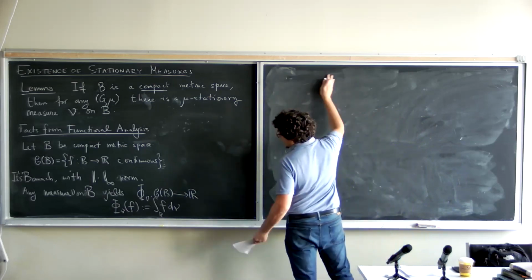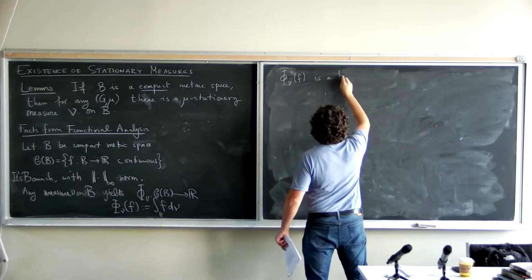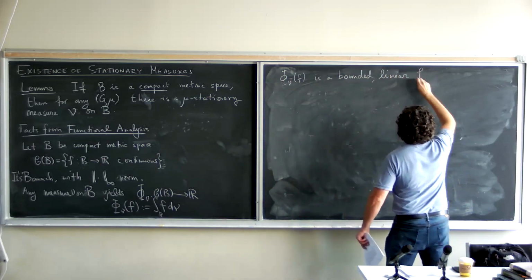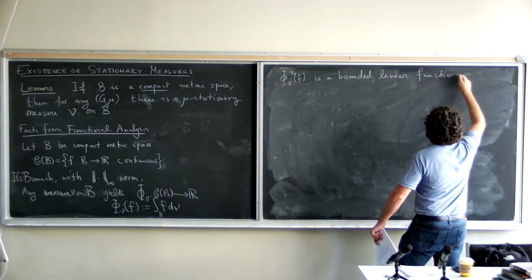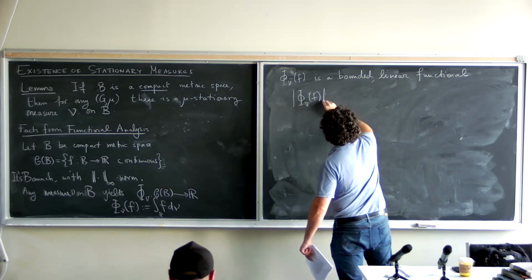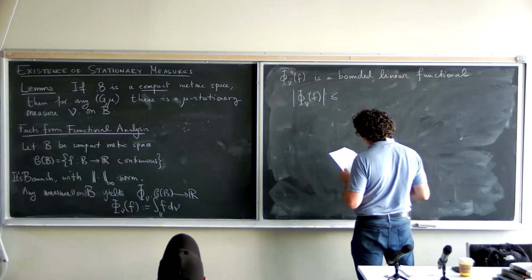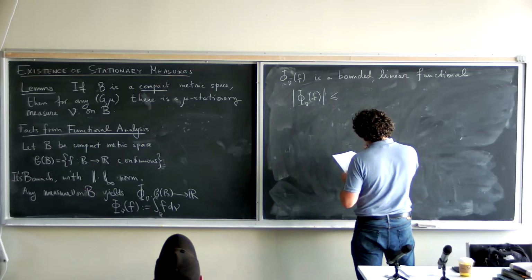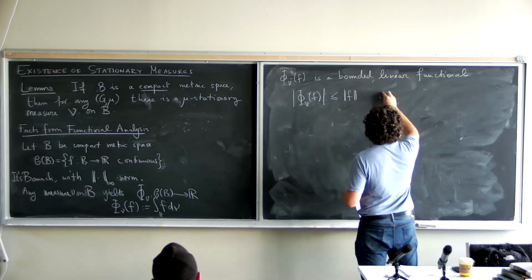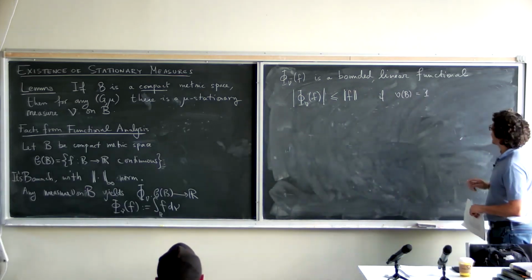And of course, this is a bounded linear functional. This is because the norm of the integral is bounded above by the sup norm of F, certainly if nu of B is 1, which will be most of what we care about.